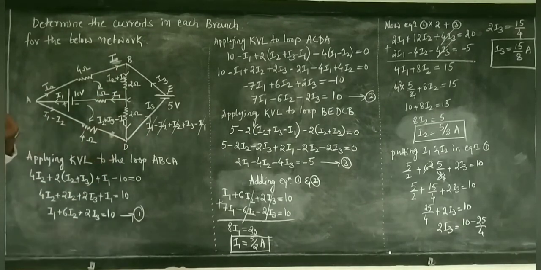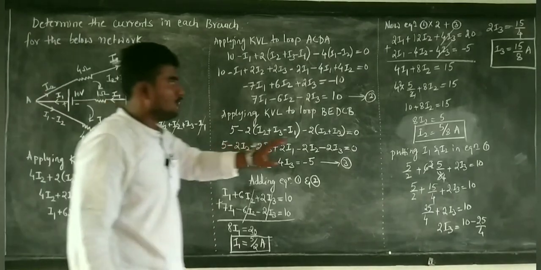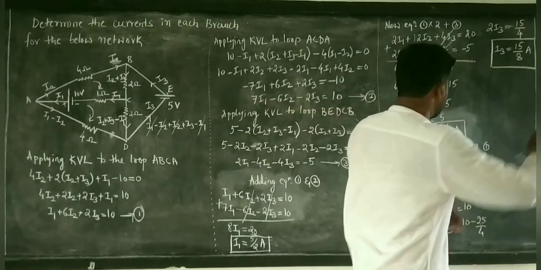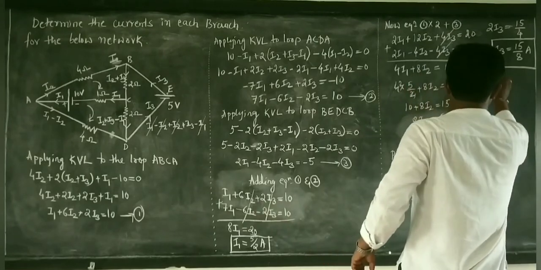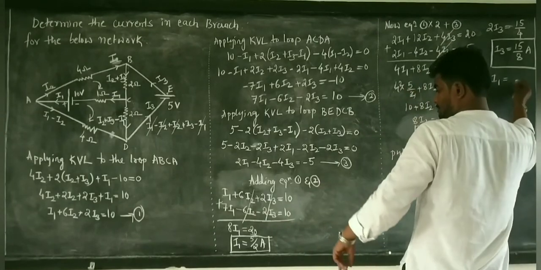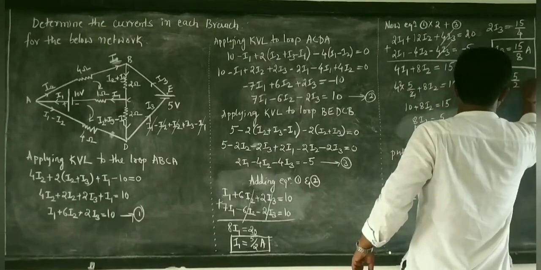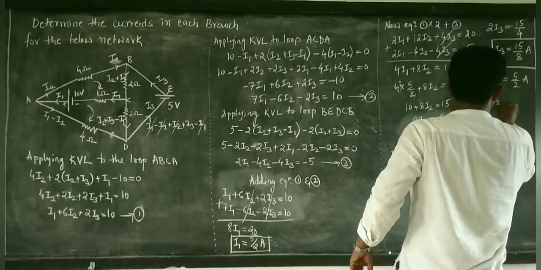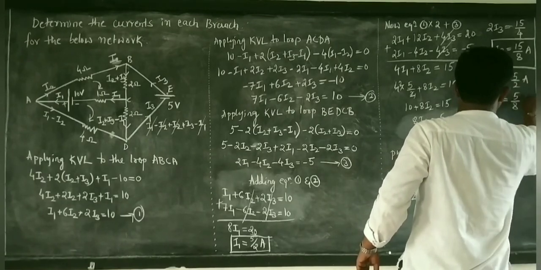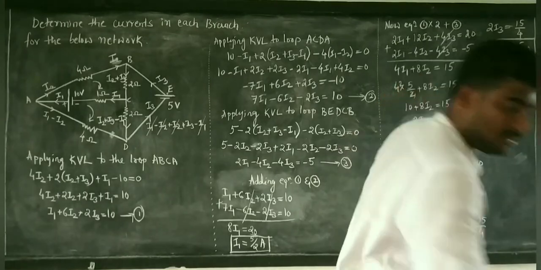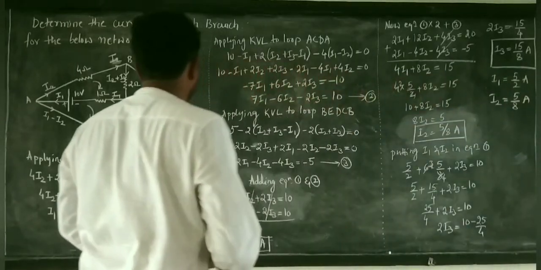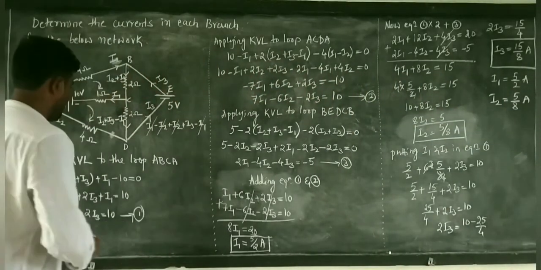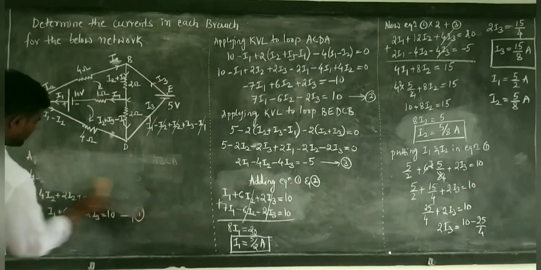These currents we are supposed to know, but already we know currents I1, I2 and I3. I will write here I1 is equal to 5 by 2 ampere and I2 is equal to 5 by 8 ampere.